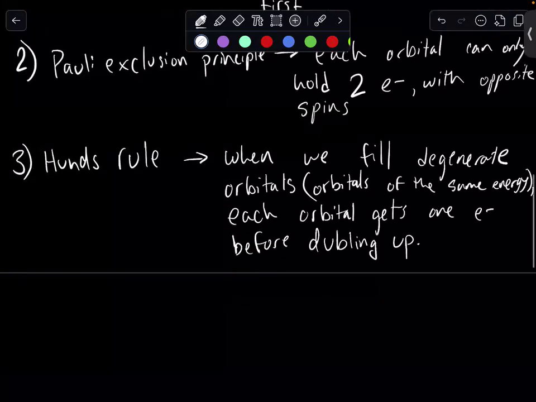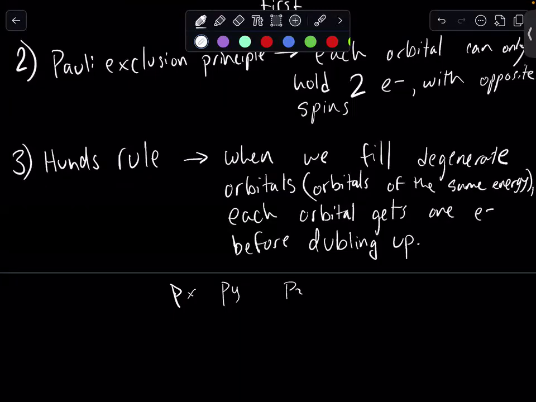If you were maybe imagining our p orbitals from the last lesson, I said there are three p orbitals every time. We have px, py, and pz. If we have three electrons, we would put one electron here, one electron here, one electron here. If we have four electrons, then we could double up. We could put a new electron there. But each one would get one.